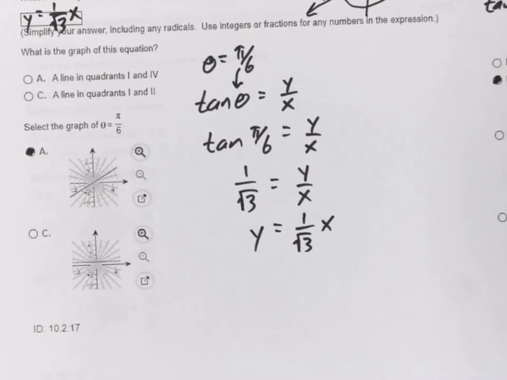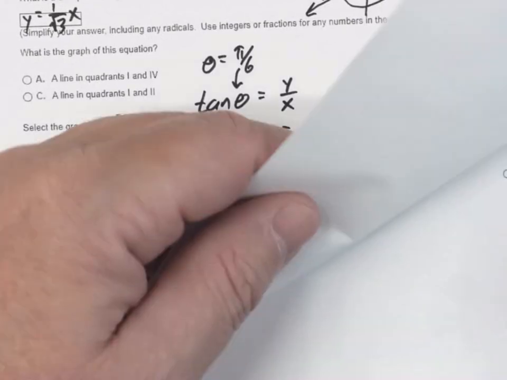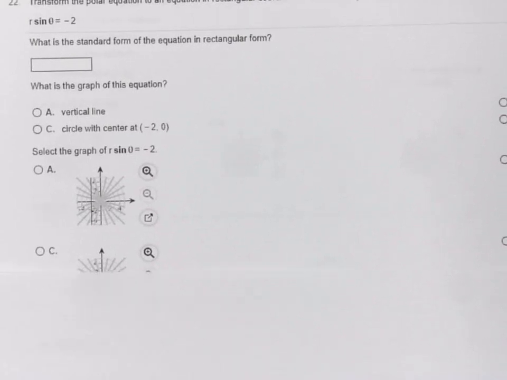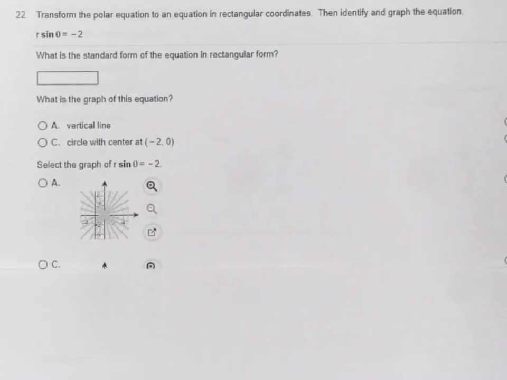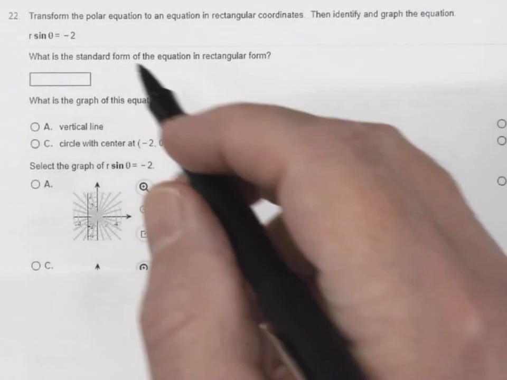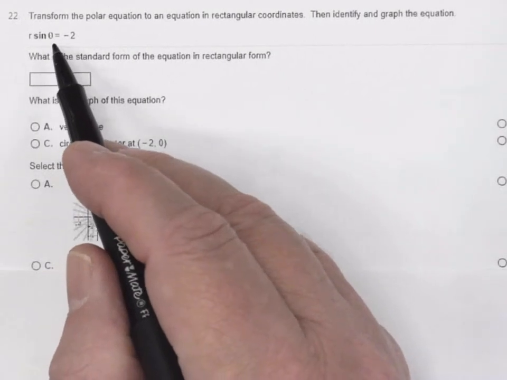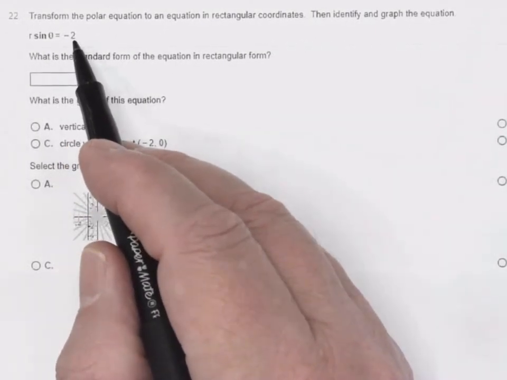How about the next one? Same instructions, transfer the polar equation to an equation in rectangular coordinates. R sine theta equals -2.